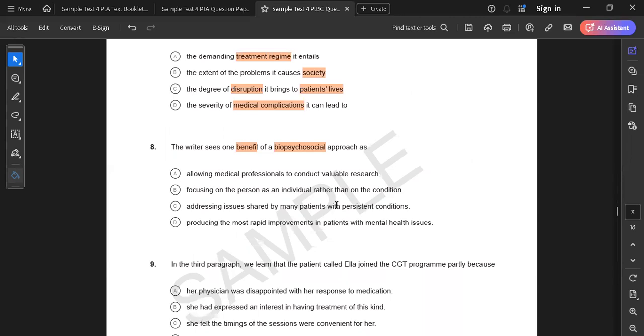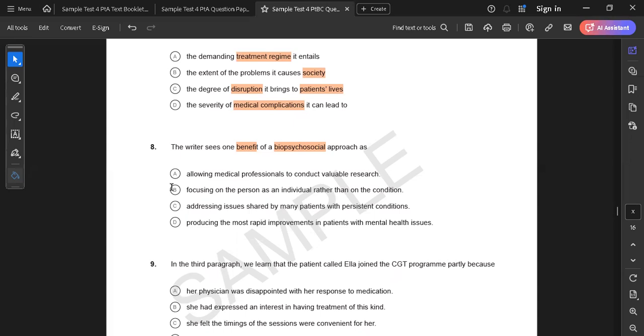Psychosocial approach. So your keyword is benefit. Like in the previous one, the word advantage and benefit was there. The writer sees one benefit, so your focus is on benefit. Benefit of what? Yes, please tell me your keywords in the question.